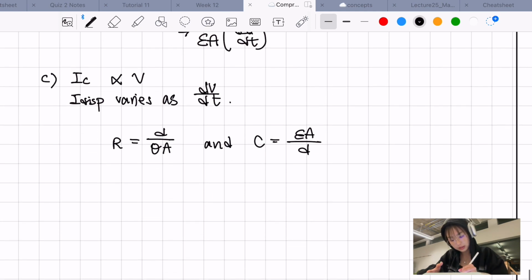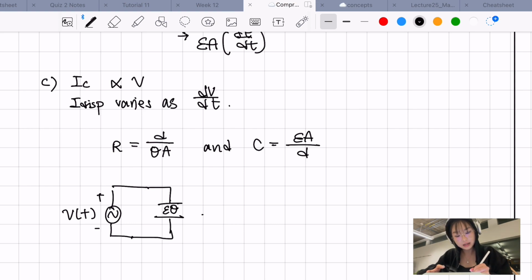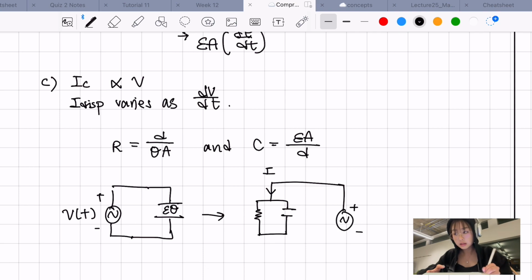So the actual capacitor, with V(t) across it and the epsilon and the conductance in between, can be re-represented as the parallel combination of R and C, with the current flowing in this direction, and plus and minus V(t). And this is the equivalent circuit.